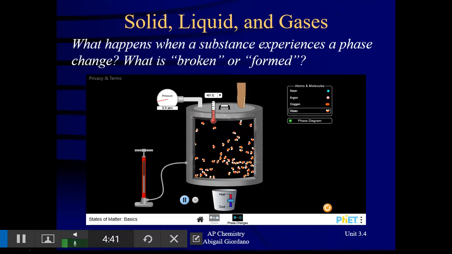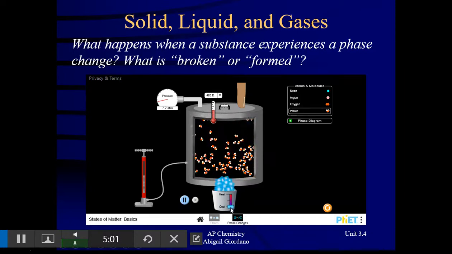You'll notice, guys, even in the gas phase, the water molecules themselves are still intact. I did not rip that molecule apart. I haven't broken covalent bonds. I've broken intermolecular forces.